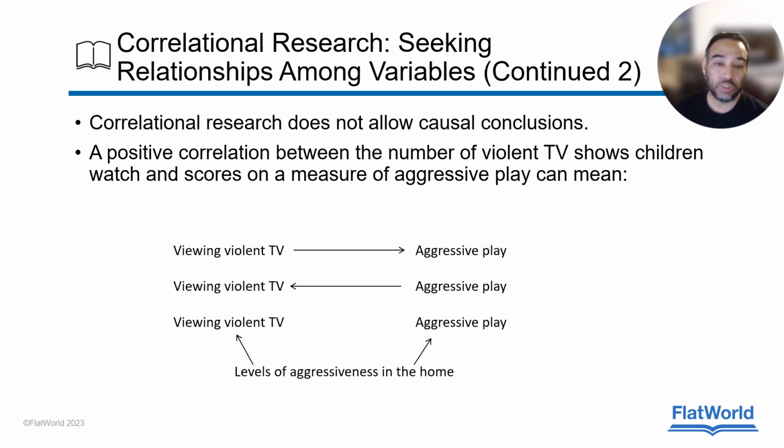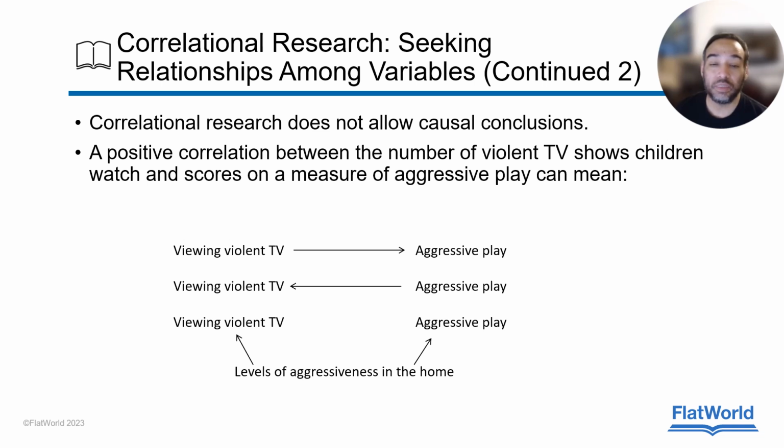A positive correlation between the number of violent TV shows children watch and their scores on a measure of aggressive play can mean what? That viewing violent TV leads to aggressive play, or that aggressive play leads to wanting to watch more violent TV, or, looking at the third pair, viewing violent TV and aggressive play both relate to levels of aggressiveness in the home.